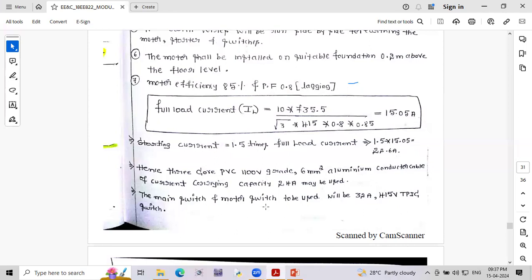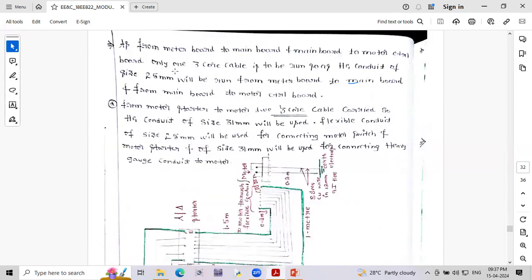The main switch and motor switch should be 32 ampere, 450 volts TPIC, triple pole iron clad switch, they are going to mention. And everything else remains the same. From meter board to main board and main board to motor control board, only one 3 core cable is enough.